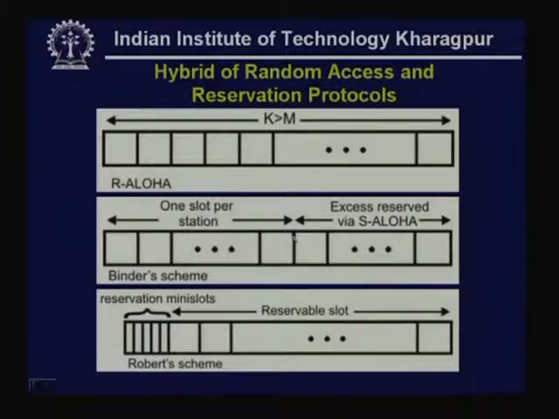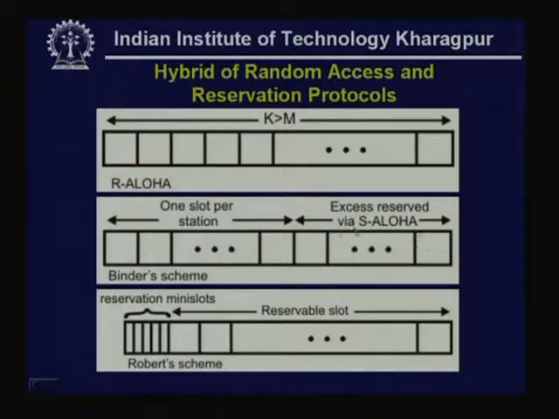Another technique is used when the number of stations is smaller than the number of slots, where you have implicit allocations. This is 1 slot per station, since the number of stations is small, and then the excess slots can be accessed by using reservation aloha or slotted aloha.